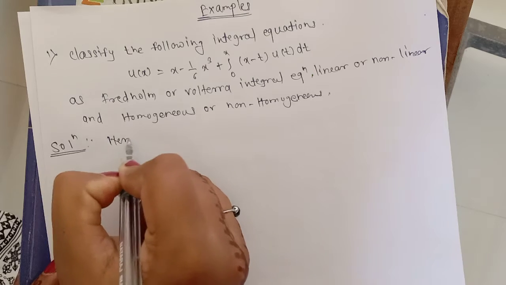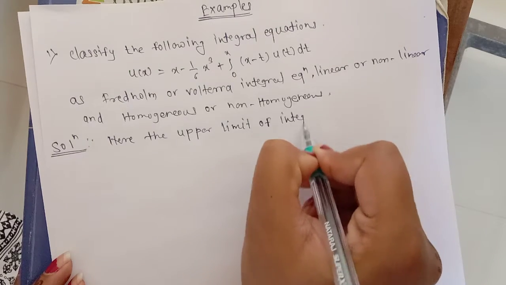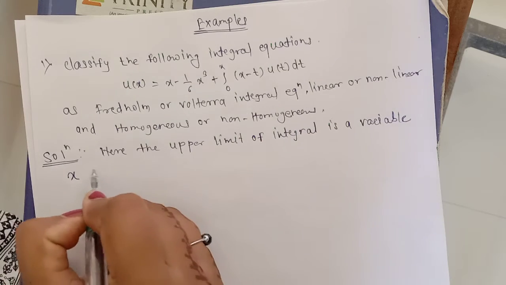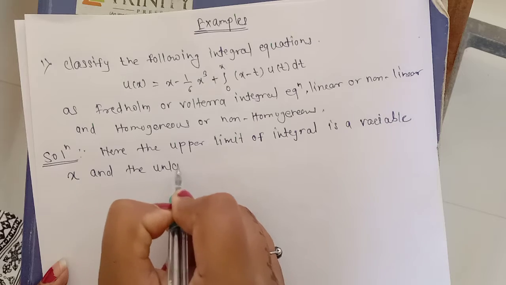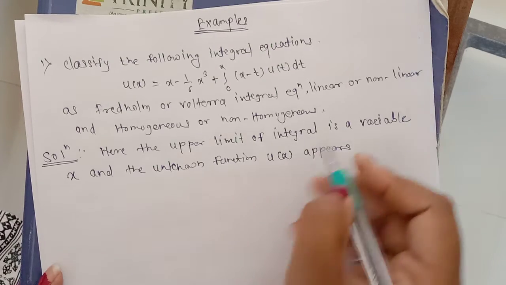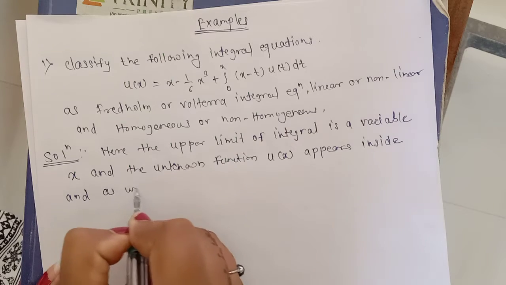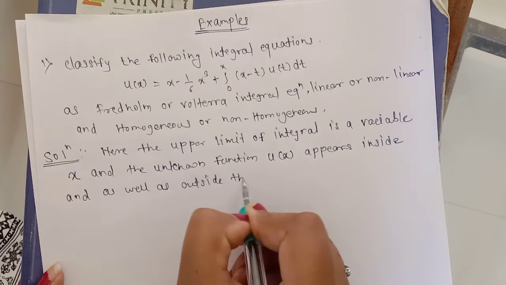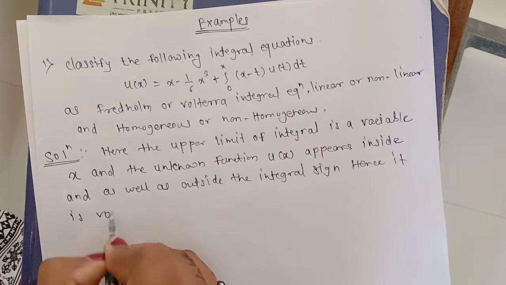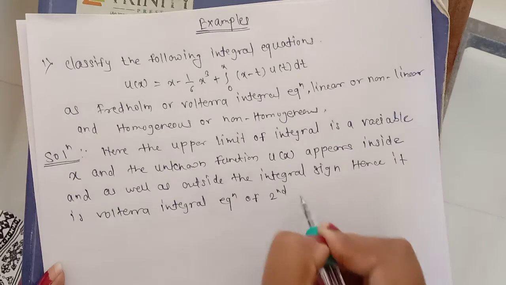Now here the upper limit of the integral is a variable x and the unknown function u of x appears inside as well as outside the integral sign, hence it is a Volterra integral equation of second kind.